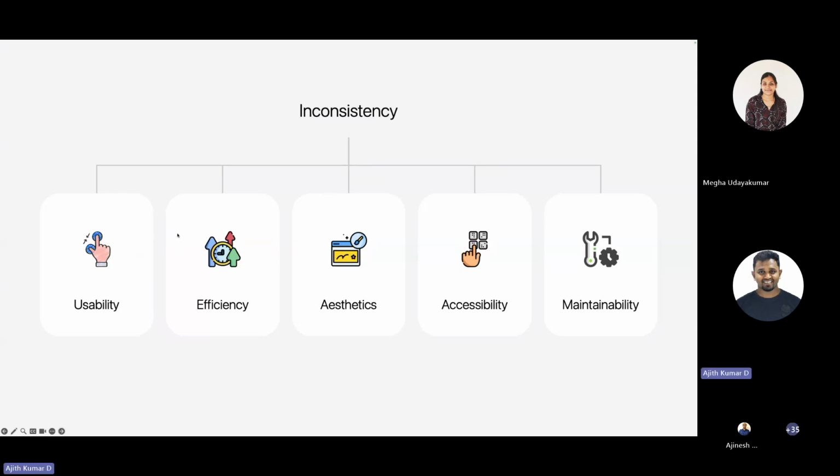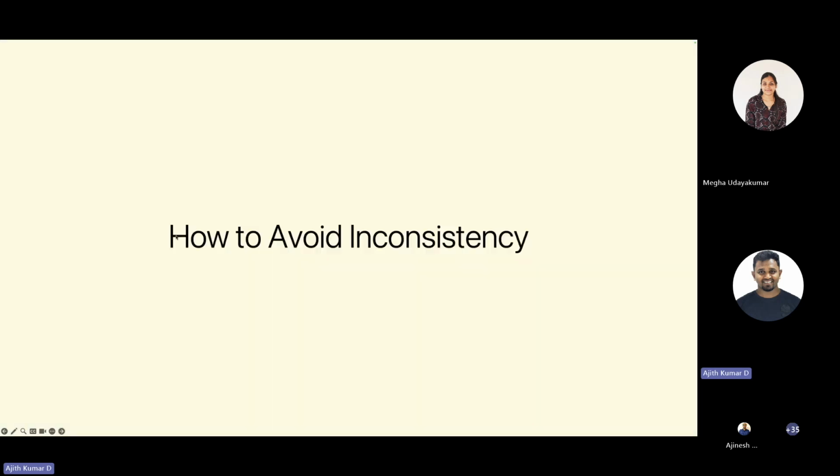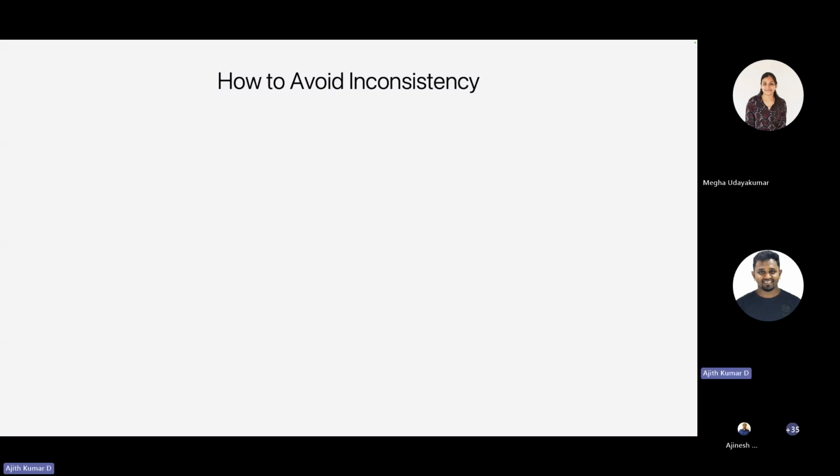Okay, let's move to the next slide: how to avoid inconsistency. First is design guidelines. Create a design guideline document, like a comprehensive design system that includes standardized components, color schemes, typography, and spacing rules.